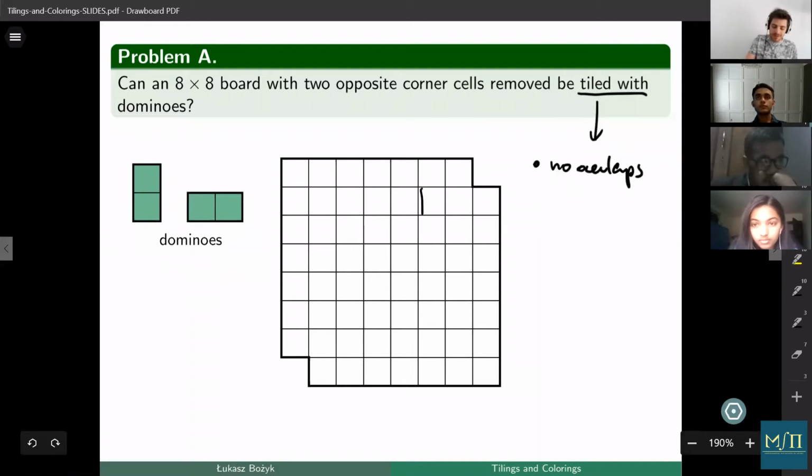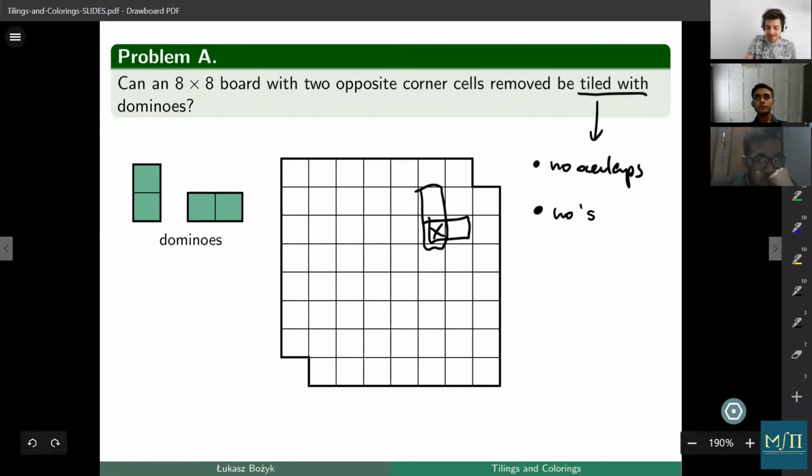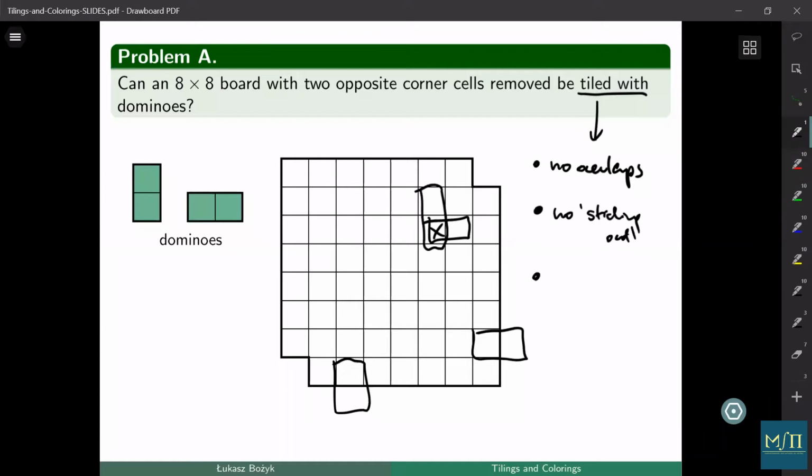So we cannot put two dominoes, for example, like this, as they would have a common cell, right? We have no sticking out of the board. So, for example, you cannot place a domino like this or this. And the other natural condition is that they should contain whole cells.